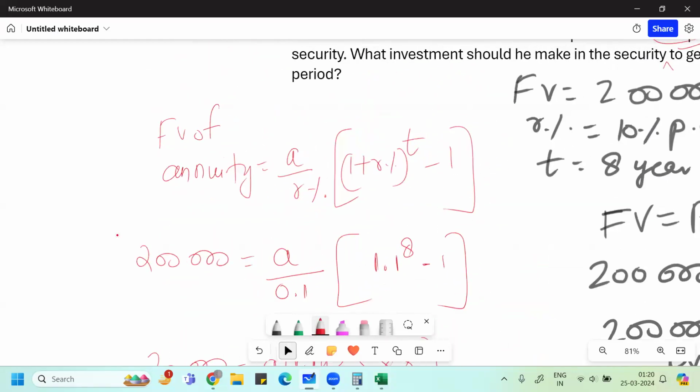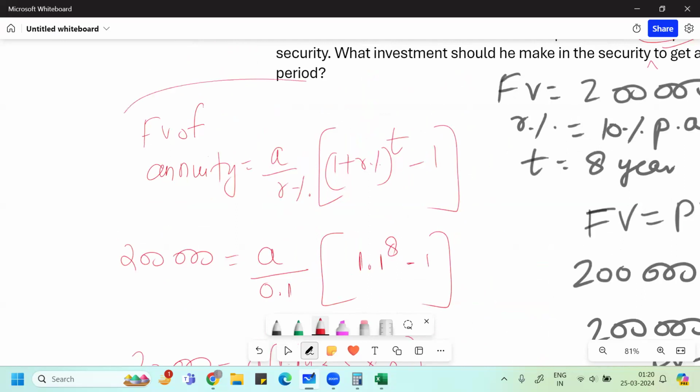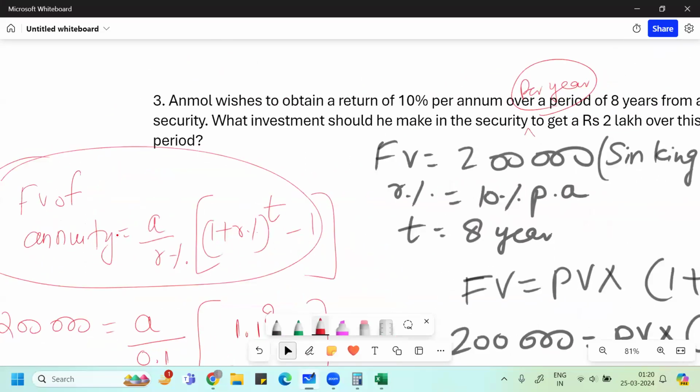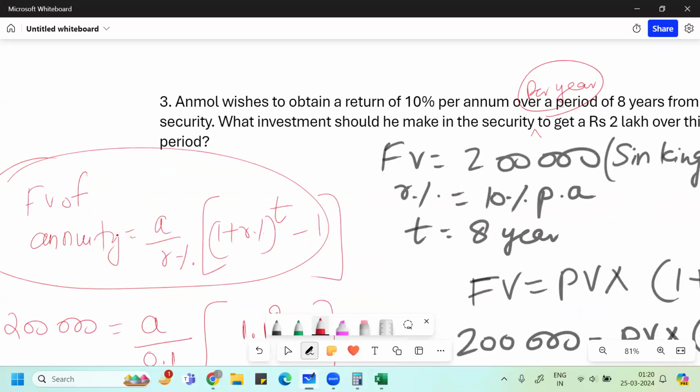Whenever there's an annuity, you can use this formula. Annuity means the amount you are paying at the end of every year. In case they mention the beginning of every year, then you have to multiply this with 1 plus rate of interest. The same problem can be asked in two different ways: either as a lump sum, or in the form of an annuity.